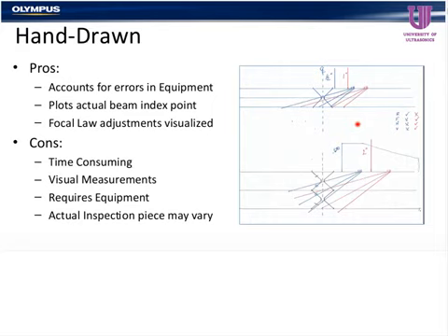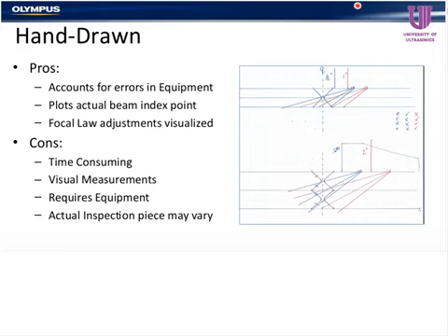If there is a physical difference between these exit points that you're marking, those might not be the same when you put those into a software program. So it takes a little bit more time. You are taking visual measurements by hand, so you do have a little bit of human error involved, but it's a little more accurate because it forces you to use the actual equipment that you'll use for the exam.